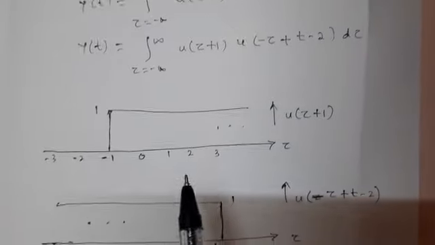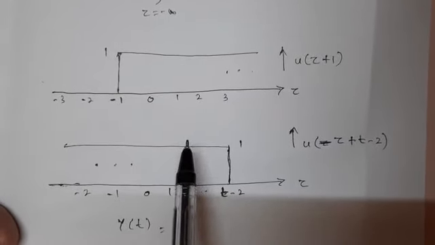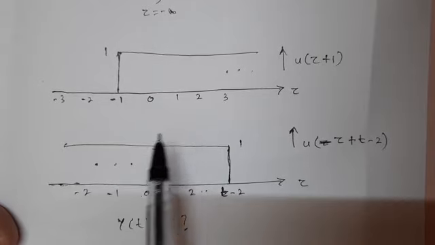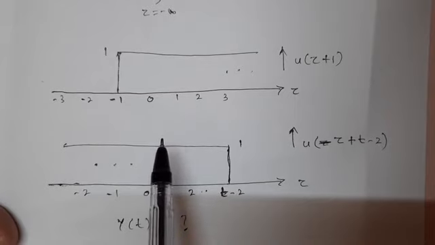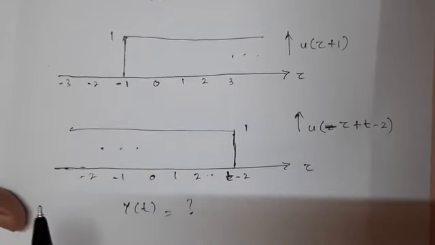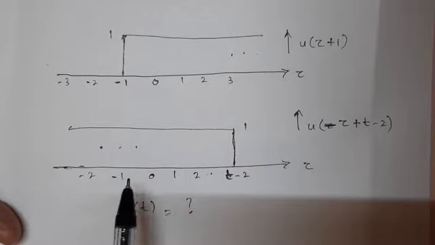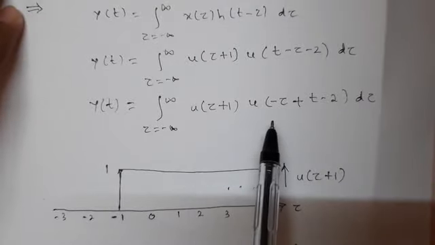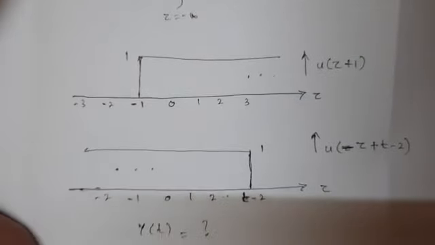Since these are infinite signals, multiplying two infinite signals takes a large computation time, and it is not possible either, and hence we are trying to have a general equation wherein I can find the values of y of t when x of tau and h of t minus tau have some values. Where do they exist? That I am trying to solve.